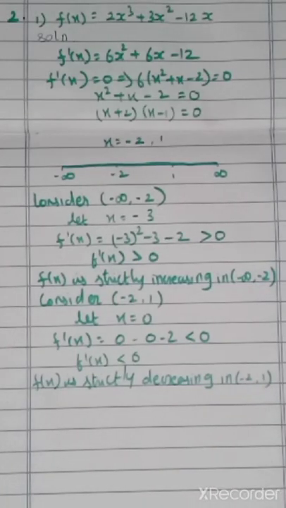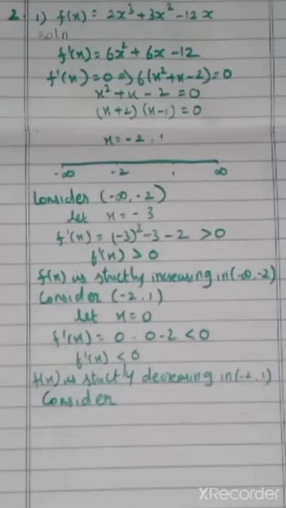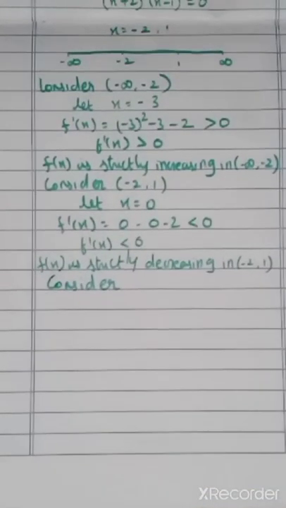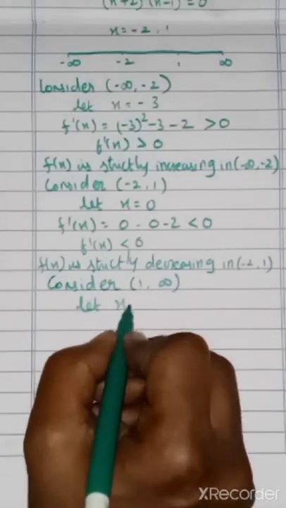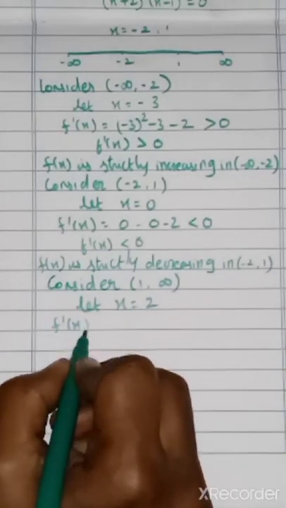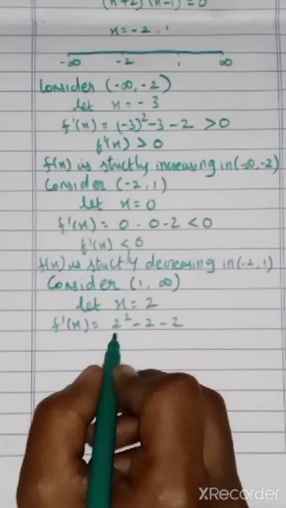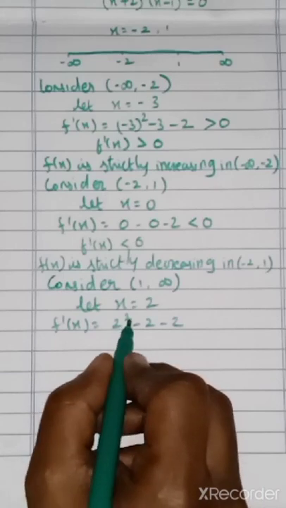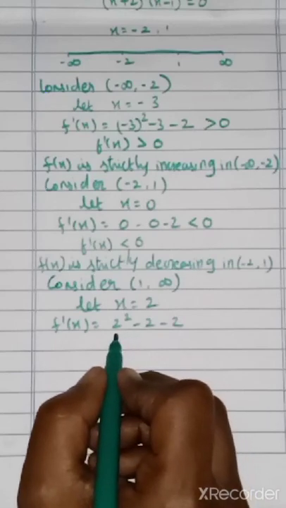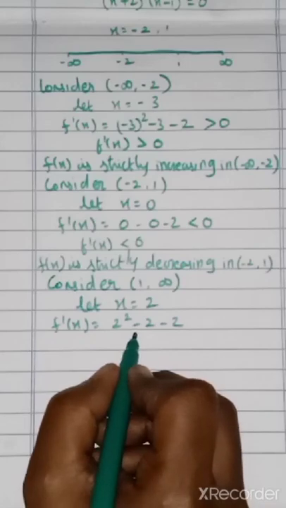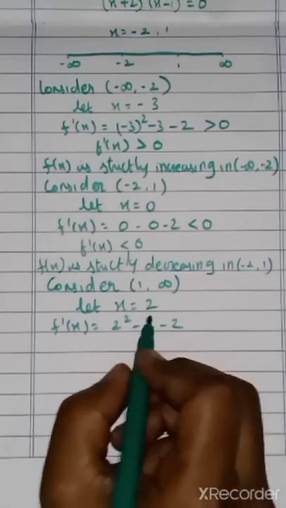Next, which interval can we take? 1 to infinity, correct? So consider 1 comma infinity. What value can we take? The least number, 2, we can take. So f dash of x equal to 2 square minus 2 minus 2. So 2 square is 4, 4 minus 4 minus 4... this is plus 2.